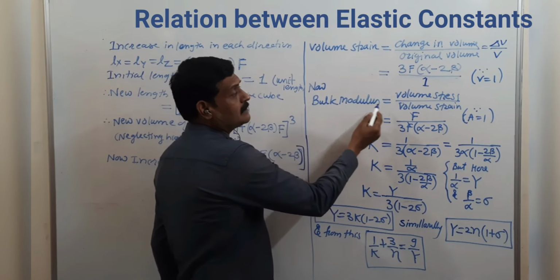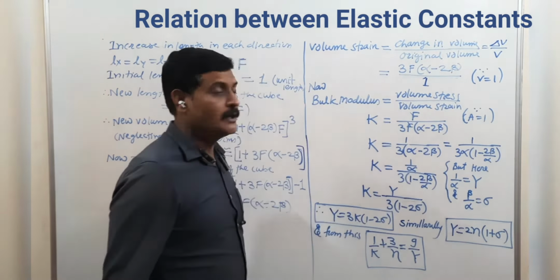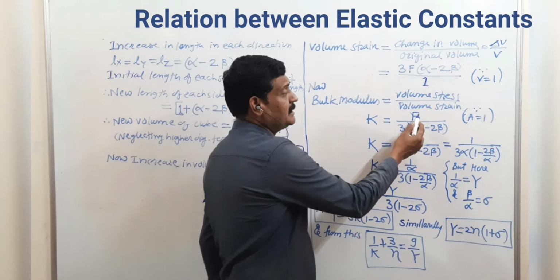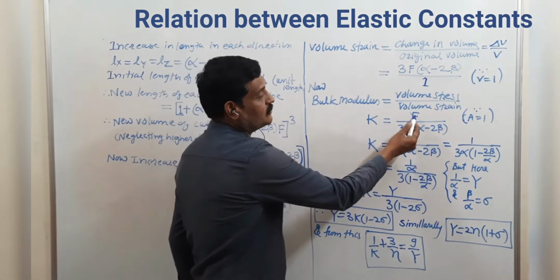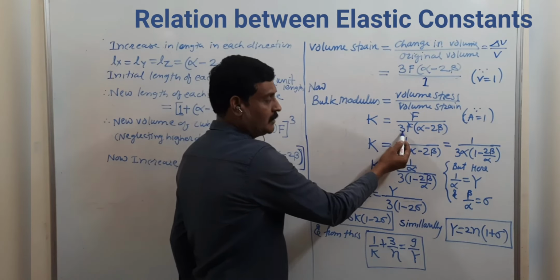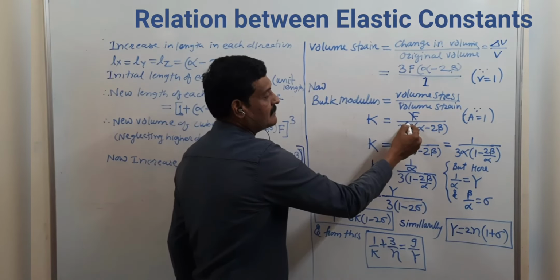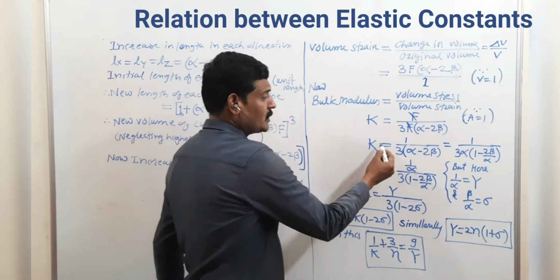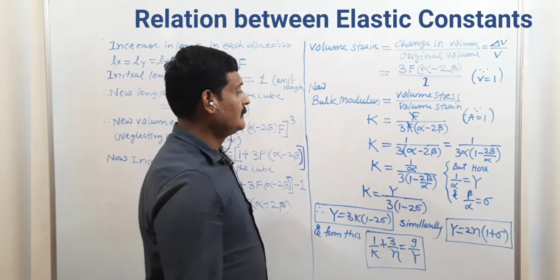So bulk modulus is given by volume stress upon volume strain. Volume stress is F by A, but here A is 1. So K is equal to F upon volume strain, that is 3f (alpha minus twice beta). F gets cancelled here. So K is equal to 1 upon 3 (alpha minus twice beta).